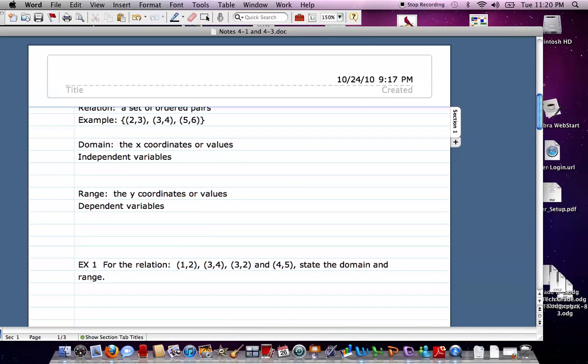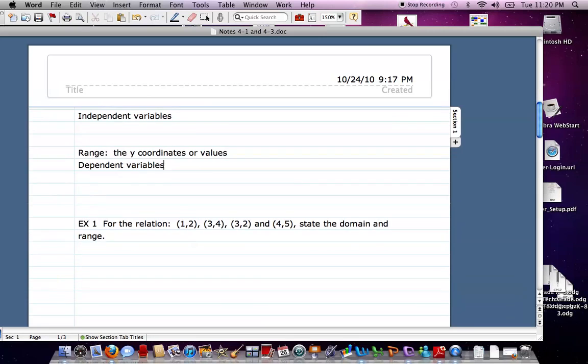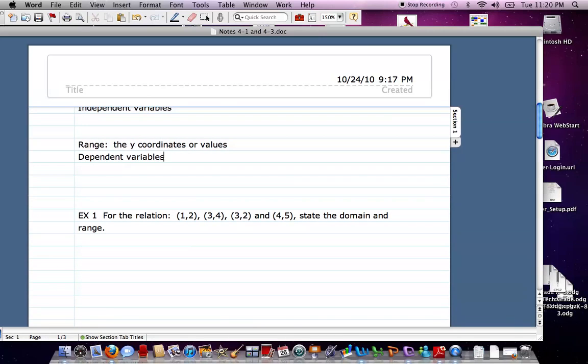Now, if we look at example 1, it says for the relation (1, 2), (3, 4), (3, 2), and (4, 5), state the domain and range. Well, the domain, like we said before, is the set of x-coordinates. When I list my domain, I start from the least to greatest.